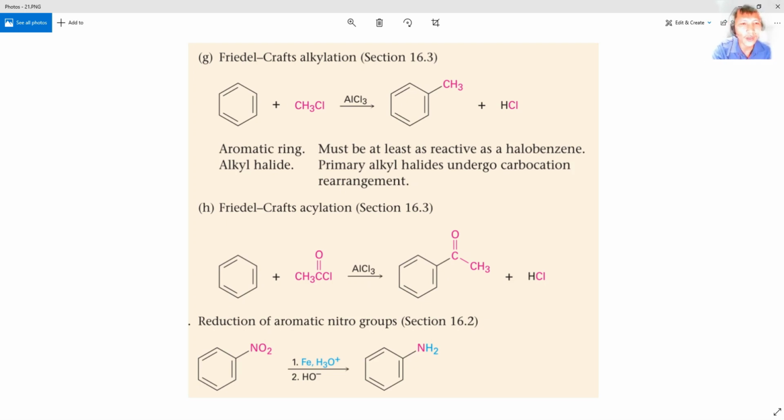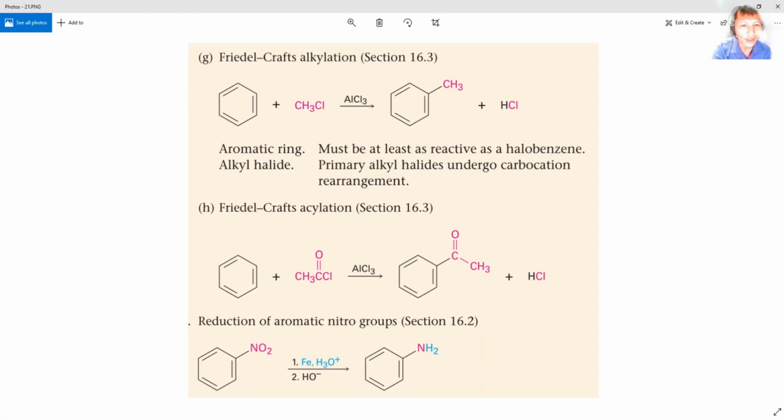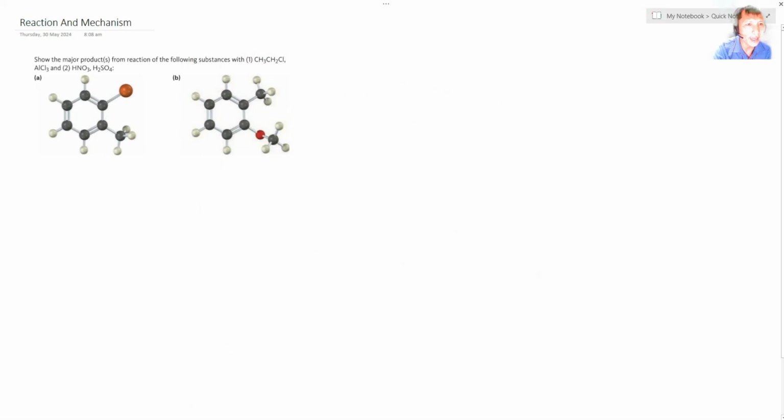Okay, so if I'm going to use letter G, Friedel-Crafts alkylation, the answer would be you would be attaching this CH3CH2, of course. So that is your alkyl, a primary alkyl.